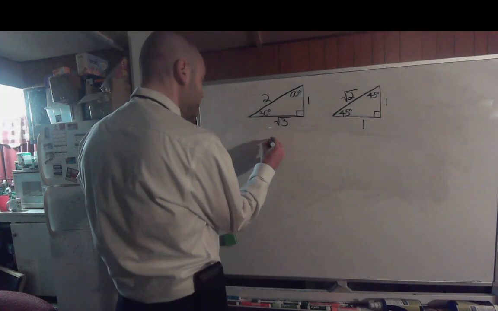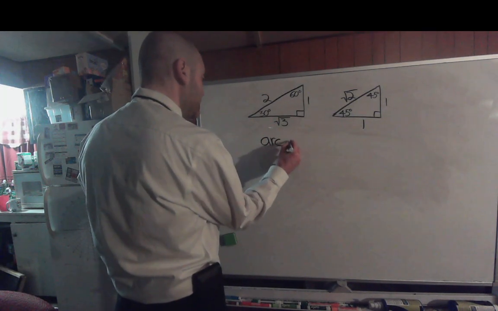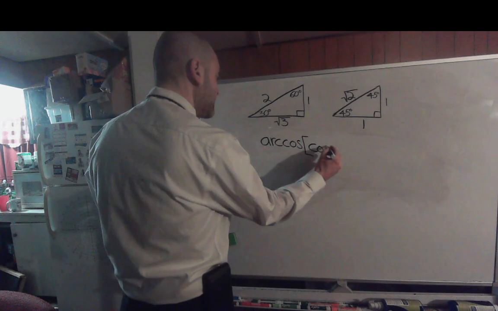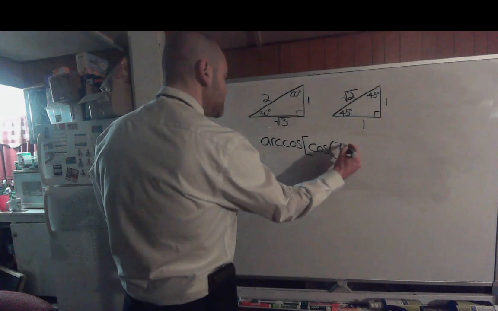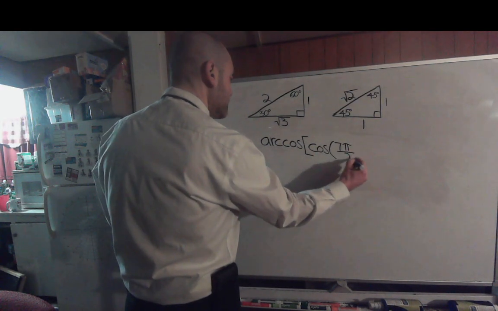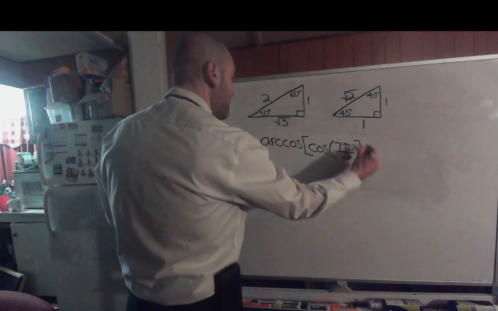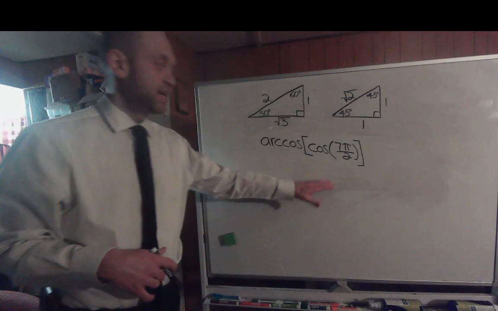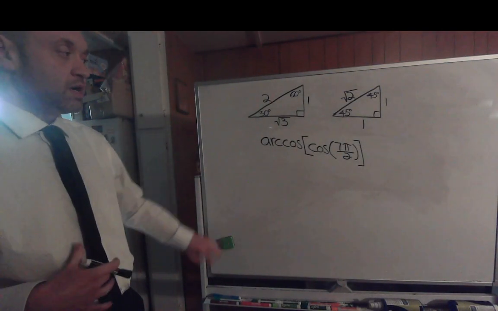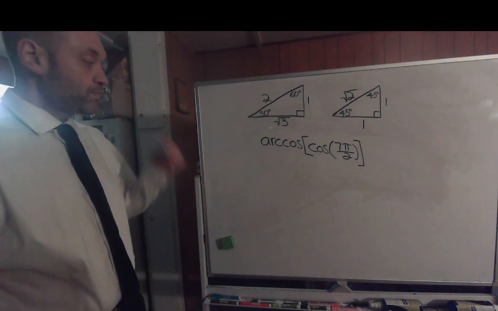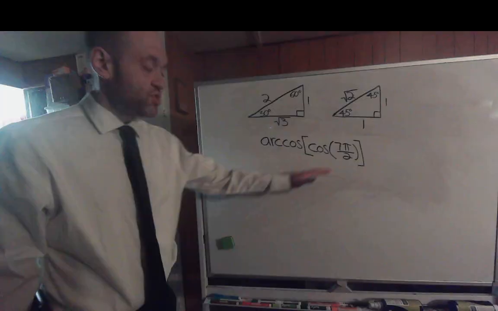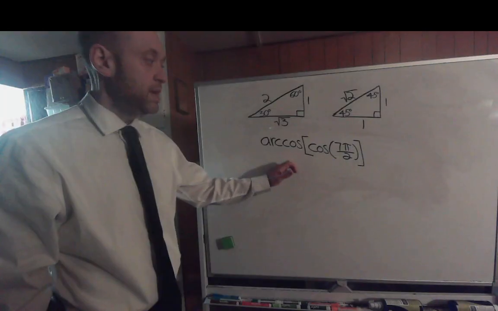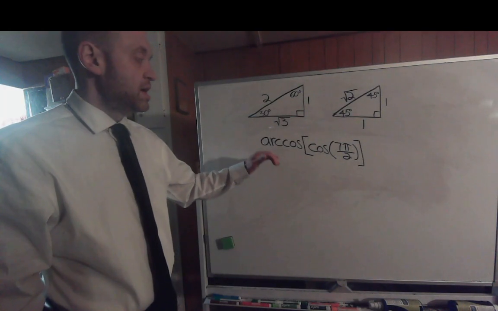Now, what about the arc cosine of the cosine of 7 pi over 2? You would think again you're going to just get 7 pi over 2, but 7 pi over 2 is out of the range of the arc cosine.